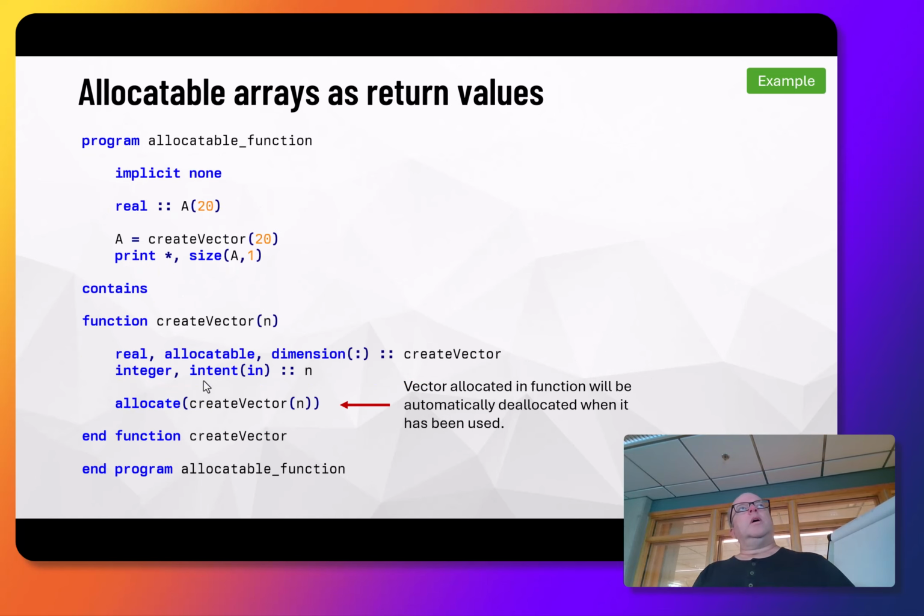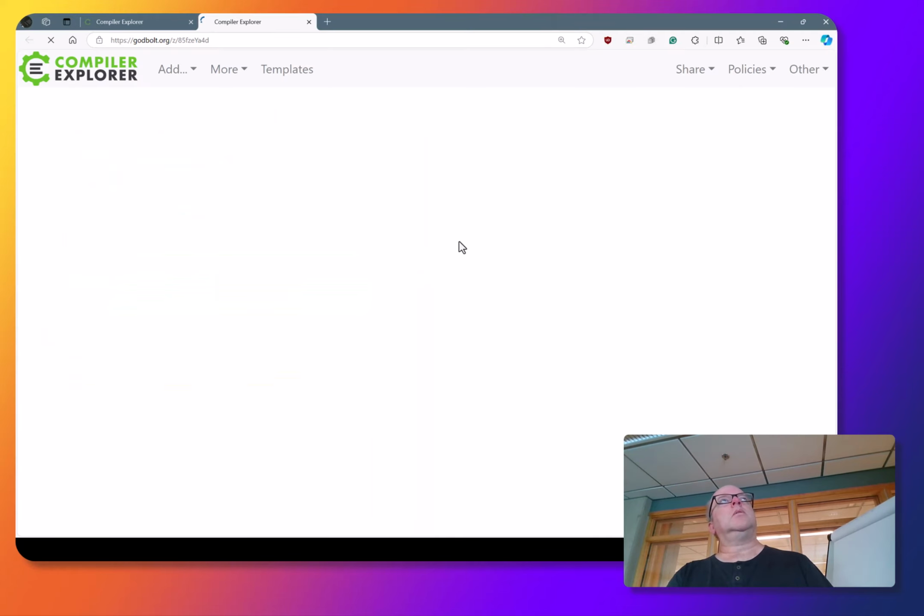You can also have allocatable arrays as return values from functions. I have had some issues with this before, where not all compilers compile this code, but it is possible to write a function like this, a equals create vector. Let's see here, I can just run this.